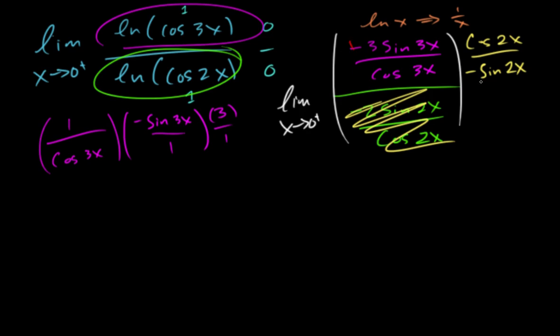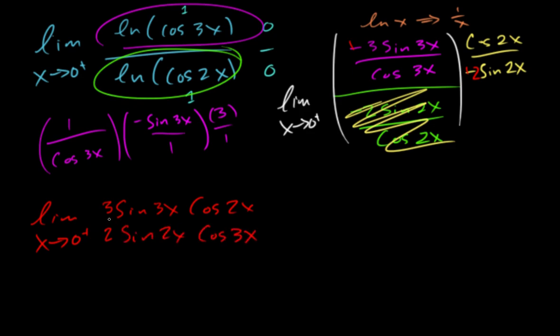And these negatives will cancel, so we're left with the limit as x approaches 0 from the positive side of 3 sine 3x cosine 2x over 2 sine 2x cosine 3x.